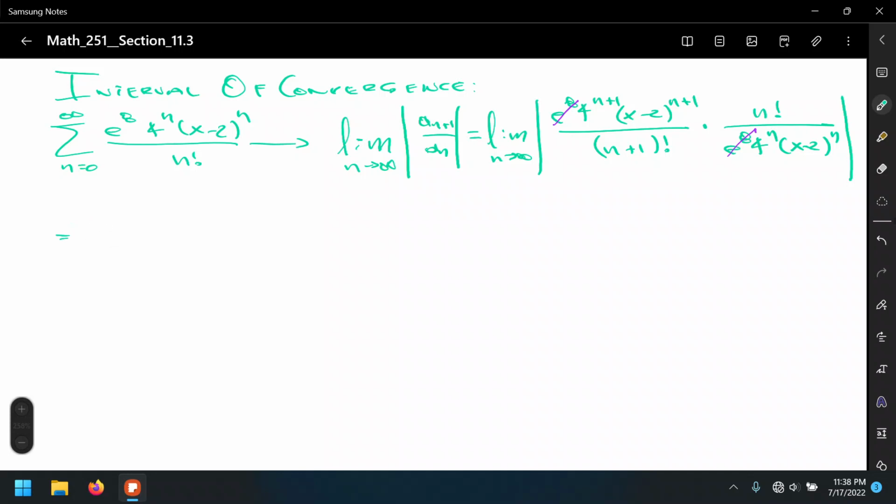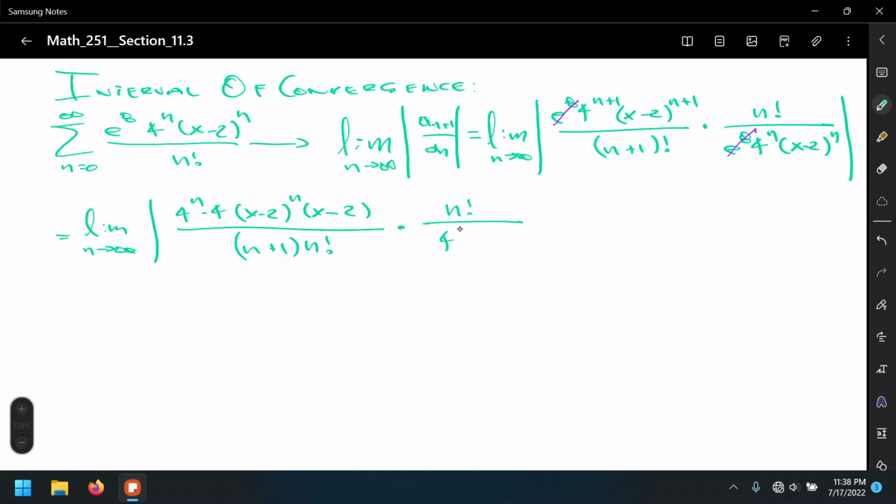So that's the limit as n approaches infinity of 4 to the n times 4, (x minus 2) to the n times (x minus 2) to the first power, over n plus 1 times n factorial, times n factorial over 4 to the n times (x minus 2) to the n.